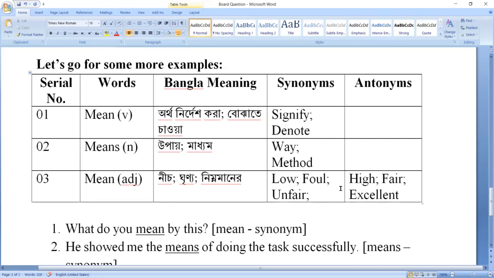Okay, so here I just want to say that one word may have different meanings according to the sentences or the context of the sentence.